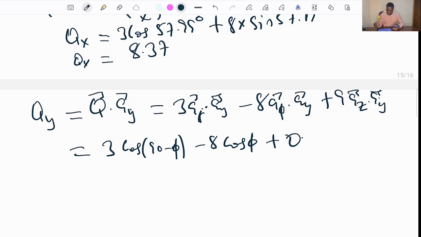Now we can use this straightforwardly: 3 times cos of 90 minus phi, which is 57.99, minus 8 times cos phi, which is 57.99.